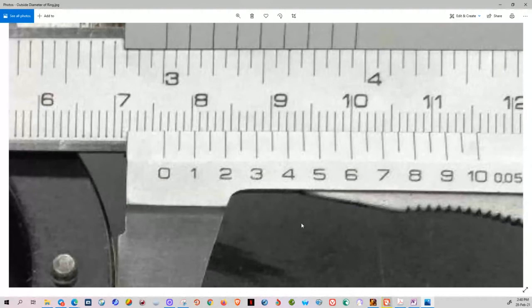Yalla, take your reading. When you are finished, tell me. You can type your reading and I will confirm with you if it's correct or not. 6.35? No, you're far from 6. This is 7. Read from 0.